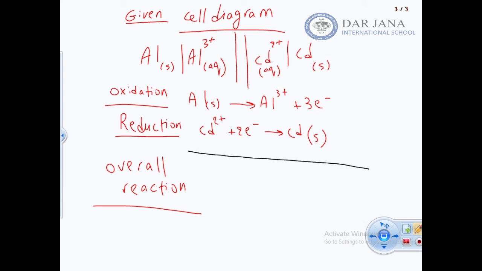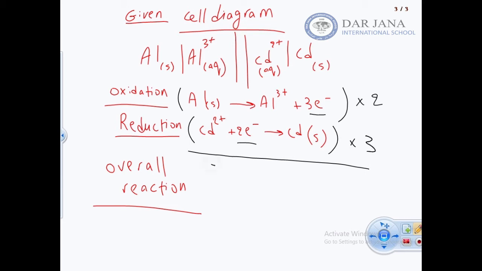We have in the first reaction 3 electrons, and in the second half reaction we have 2 electrons. So to make it the same, we multiply the first reaction by 2 and the second reaction by 3.